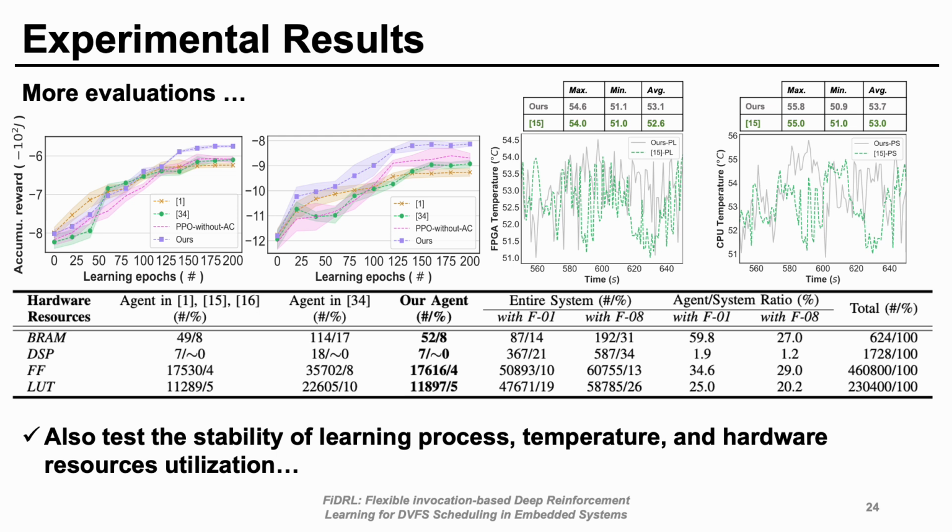We also test the stability of the learning process, showing that FiDRL has better training performance, and we compare the temperature with thermal management work and record hardware resource utilization against other works. Our FiDRL demonstrates stable temperature variation, and the hardware resource utilization is similar to normal DRL implementations.